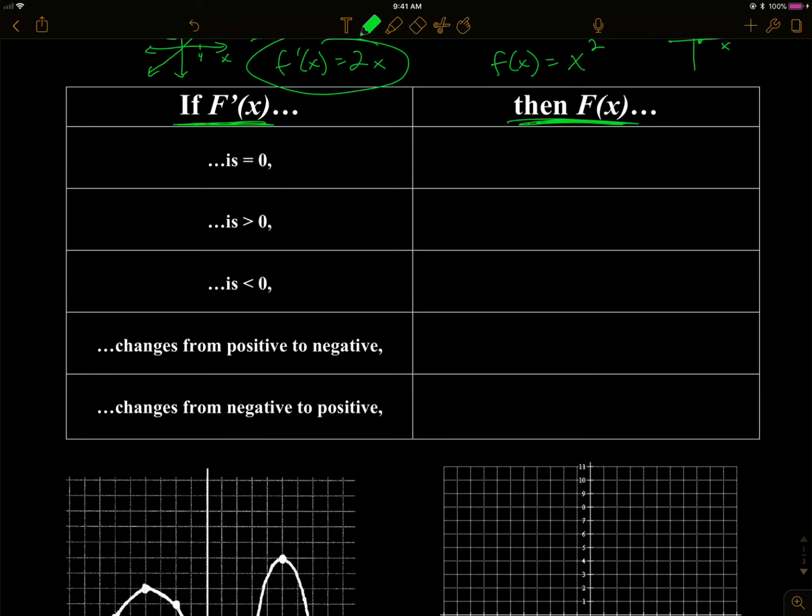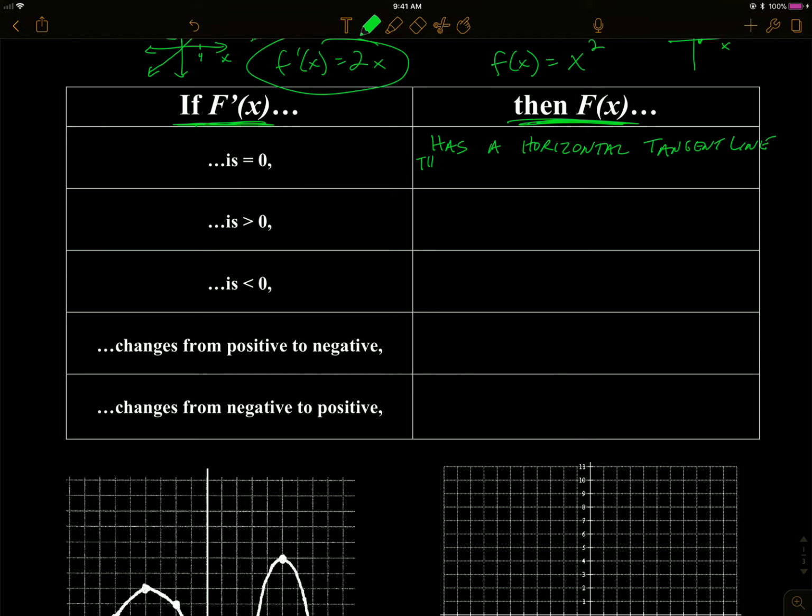So here are the rules. If the derivative is equal to 0, then we know the original function f has a horizontal tangent line.